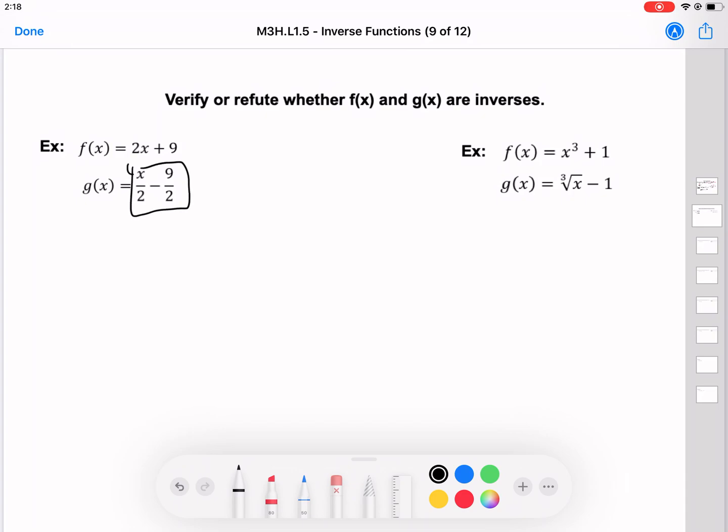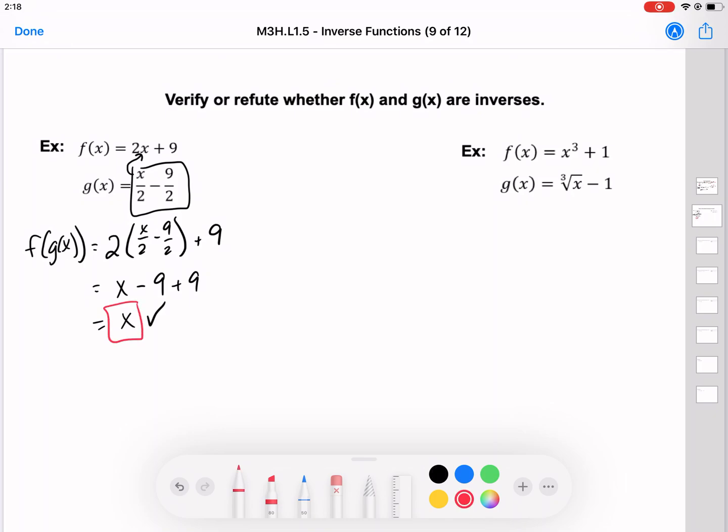So I'm going to go ahead and do f of g of x. So I'm putting g of x in for x into the f function. And I'm going to go ahead and do 2 times x over 2 minus 9 over 2, and then we have plus 9. And I'll distribute, so I get x minus 9 plus 9, which equals x. Because we end up with x, we know this works.